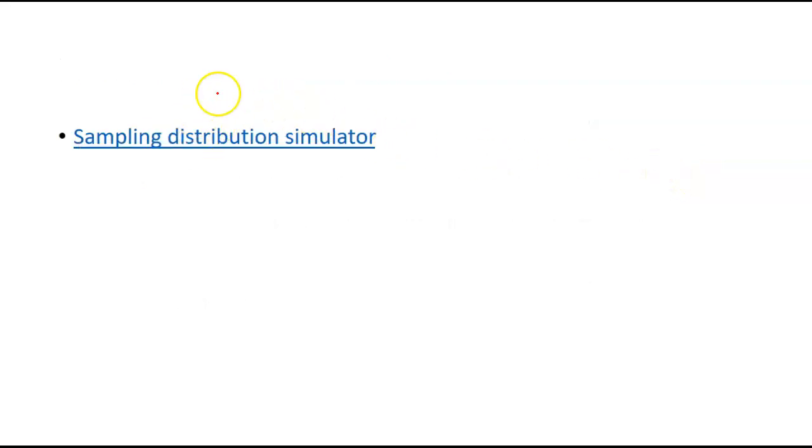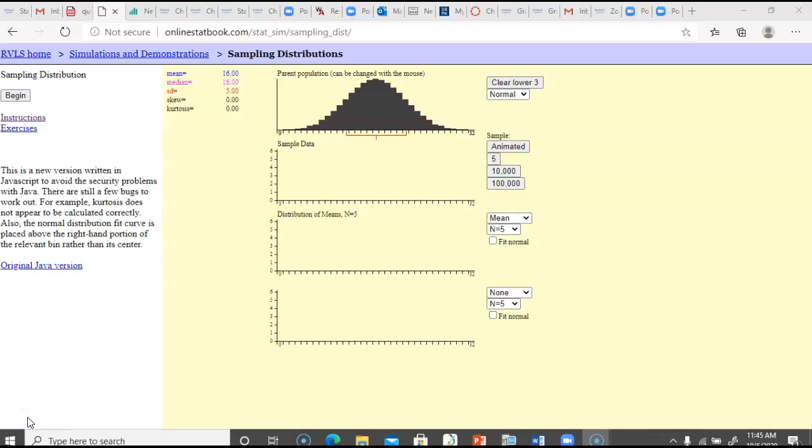Okay, I have a little demonstration that I want to show you here. We talked about proportions and sampling distributions of proportions. What I want to demonstrate with this simulation, and you can go to this site and play around with it a little bit if you would like, is that we start with a normal distribution. This is our parent population that we're going to draw our samples from.